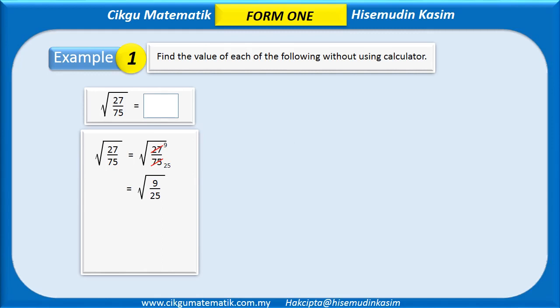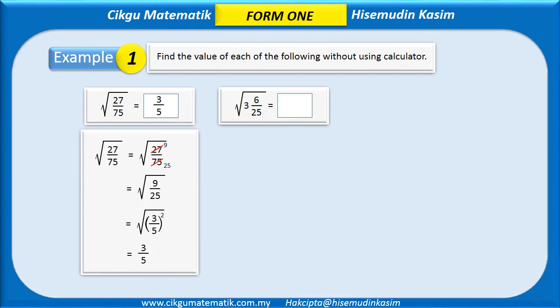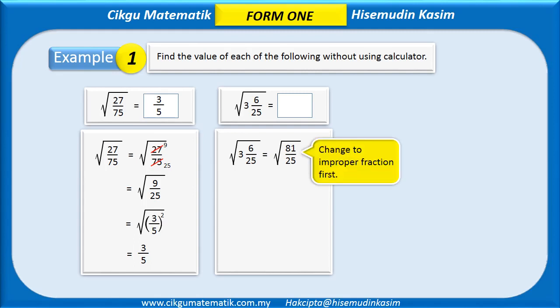The square root of 9 over 25 equals the square root of 3 over 5 squared, which equals 3 over 5. The square root of 3 6 over 25 equals the square root of 81 over 25. Change to an improper fraction first.